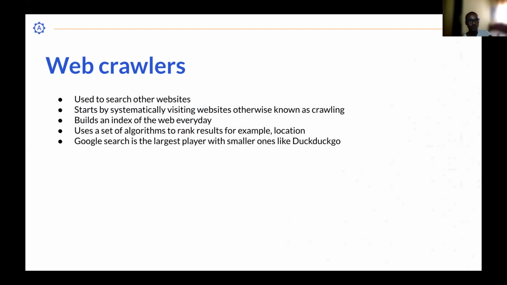Let's start with the idea of searching other websites. So what does this mean? It means that a search engine will pick a seed. A seed is like a point of start, a point of reference. Then it will start from that point. It will pick, let's say, zoom.com.